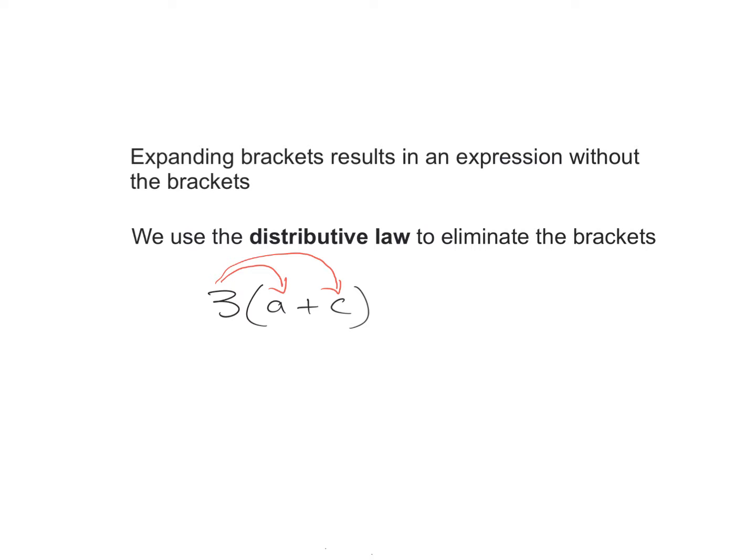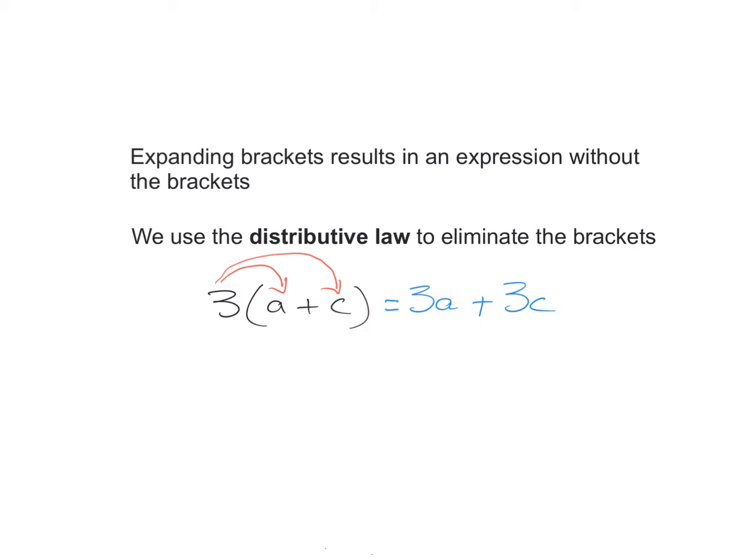And we will end up with something looking like this. 3 multiplied by a gives me 3a, and then I need to put in my plus sign over here, plus, and then 3 multiplied by c gives me 3c. And I have now expanded my brackets using the distributive law.